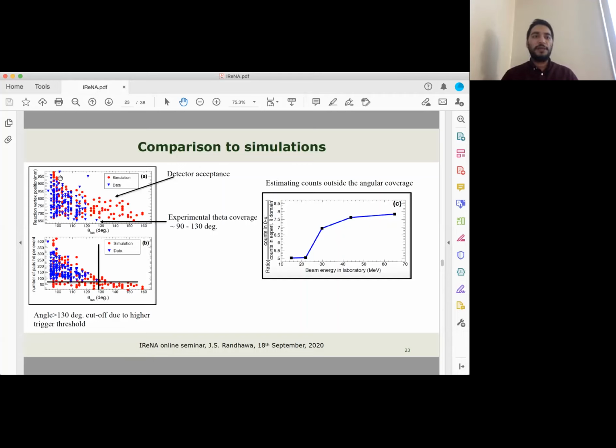As you see, we do not see the protons all the way up to 160 degrees. The reason is that if I plot the number of pads hit per event versus the angle, you see that in the data there is a sharp cutoff in the number of pads hit per event. And if I use that in the simulation, then I agree with the data.